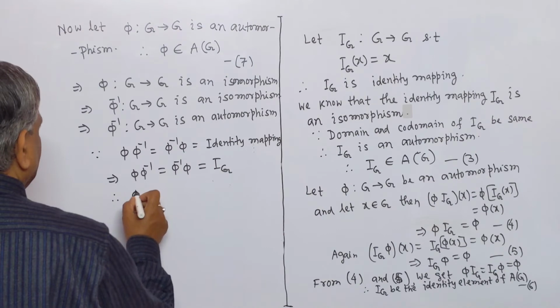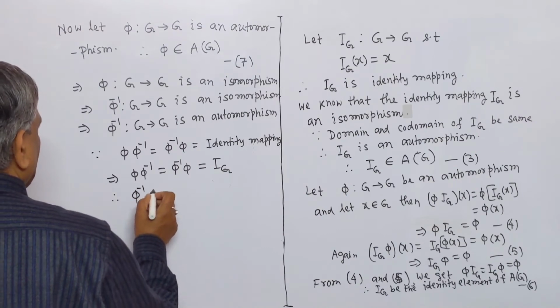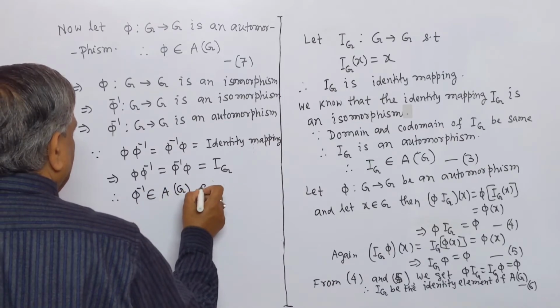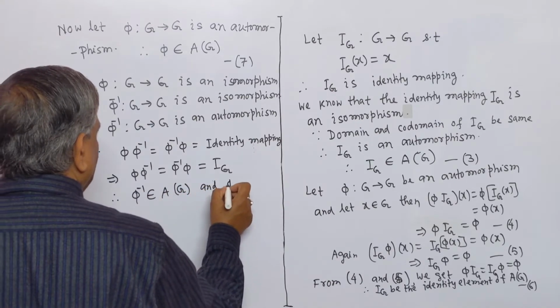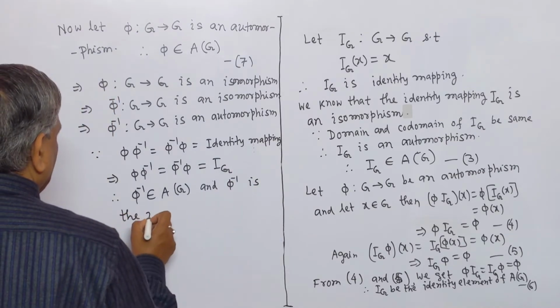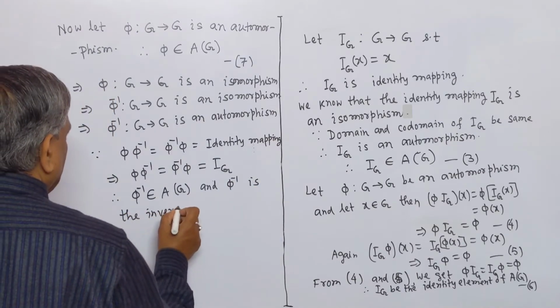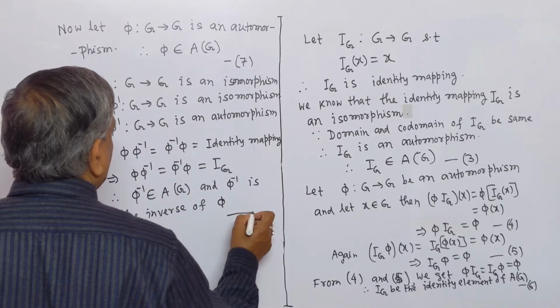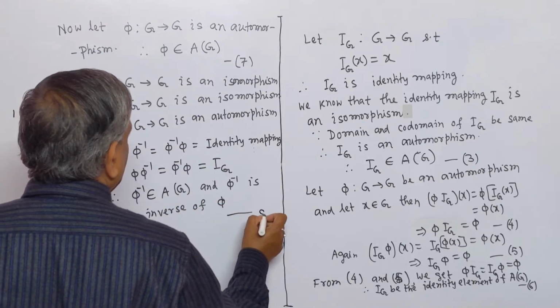Therefore, phi inverse belongs to AG and phi inverse is the inverse of phi. This is number 8.